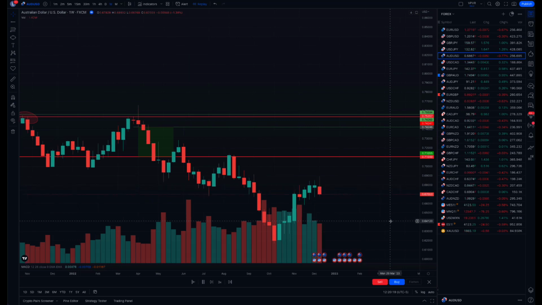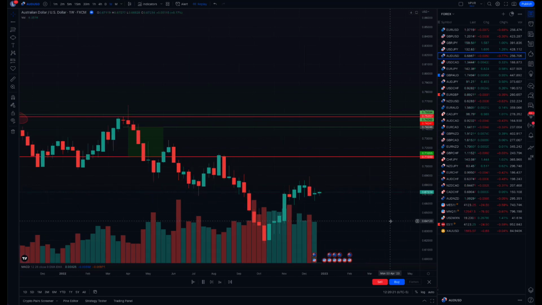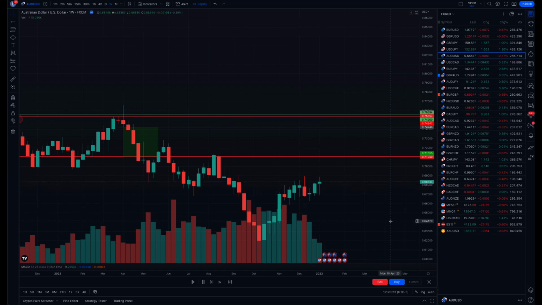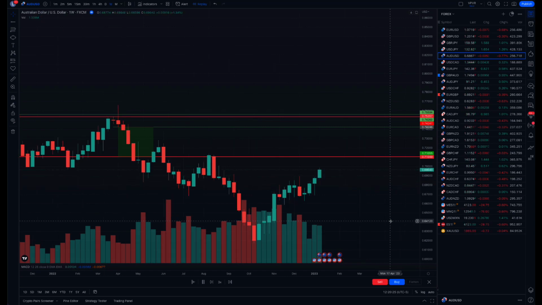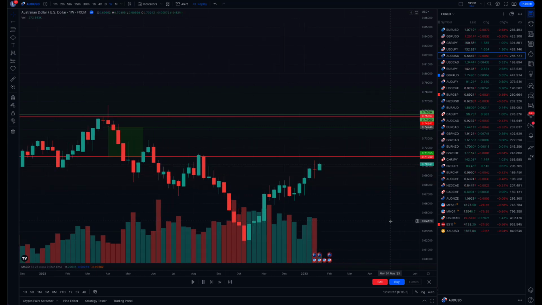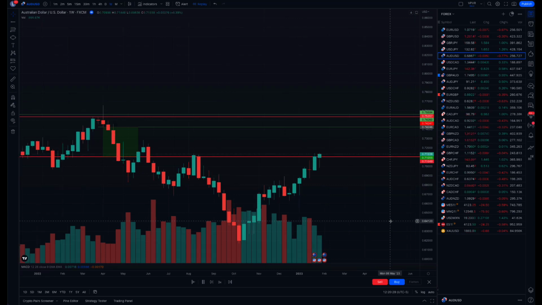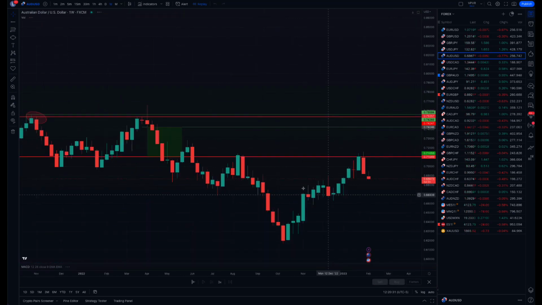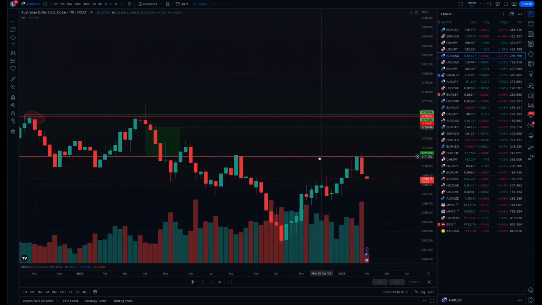And I wanted to show you this because we have a setup that is happening right now. So you don't care so much about Australian dollar, US dollar during this time, but then suddenly you are today. As you see, the support line that we had before is still valid, but now it's a resistance.